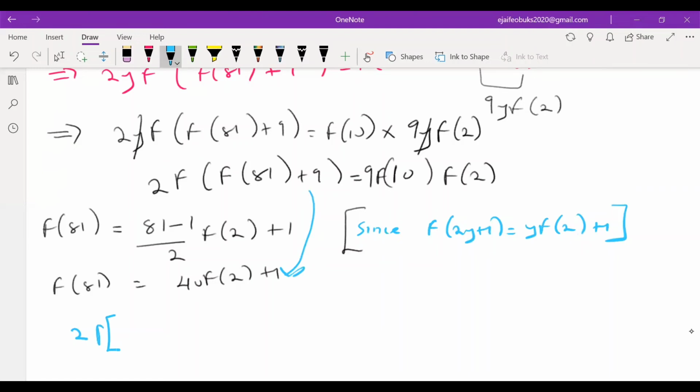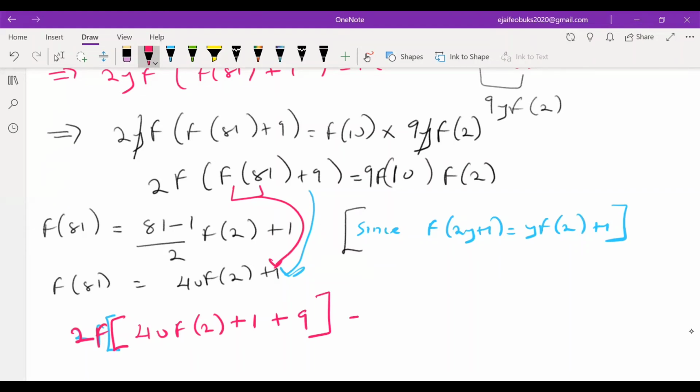So I can rewrite this as 2 times, in place of f of 81, now I put 40 f of 2 plus 1, plus this 9, is equal to f of 10, which is f of 2 times 5, so 5 f of 2, times this f of 2 here.